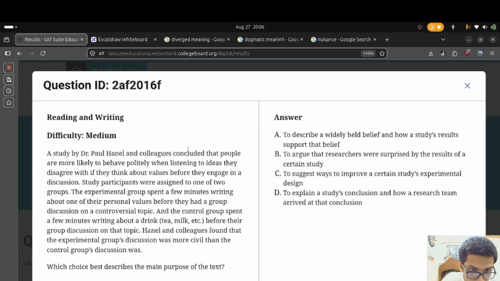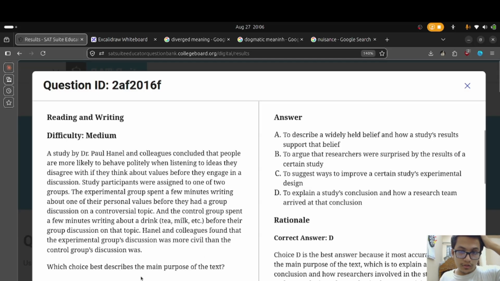So people behave politely when listening to ideas they disagree with if they think about values. So it will not improve, it will not surprise. To describe a widely held belief and how a study's results support the belief. It's not a belief. Study's conclusion. I think it should be option D. Yeah, it should be option D.